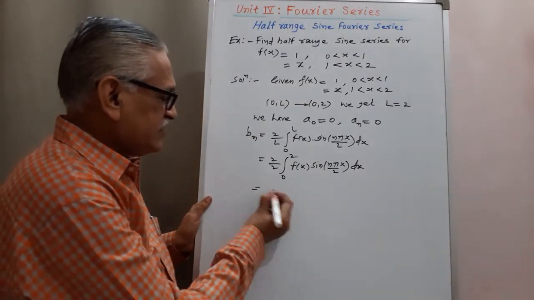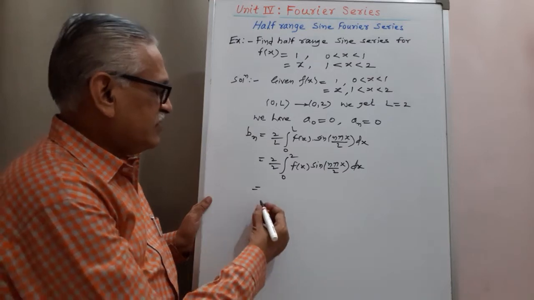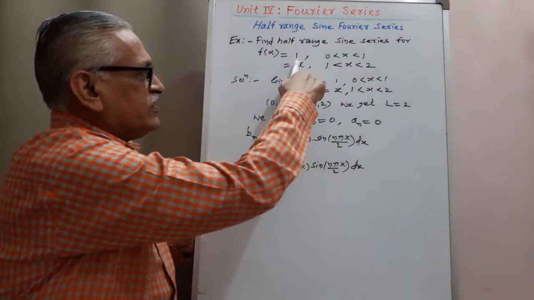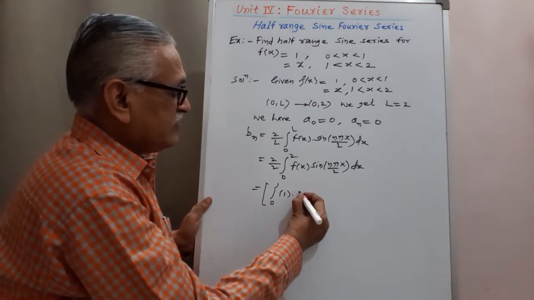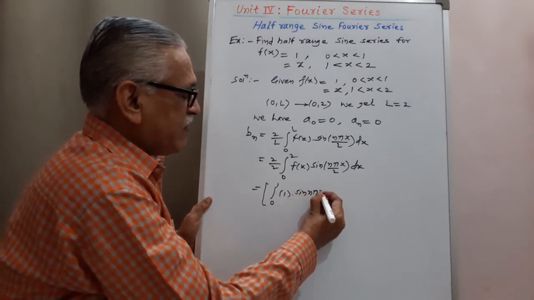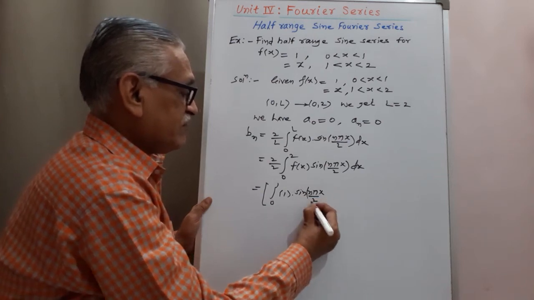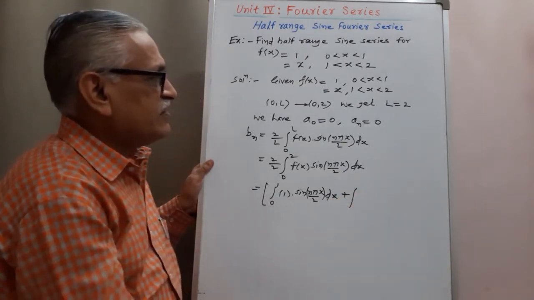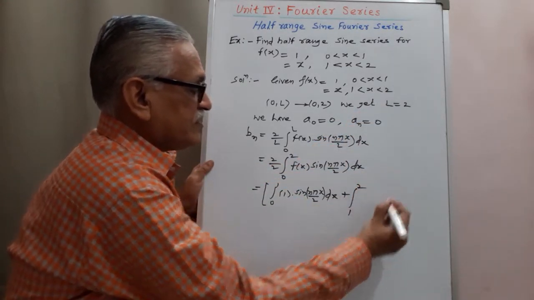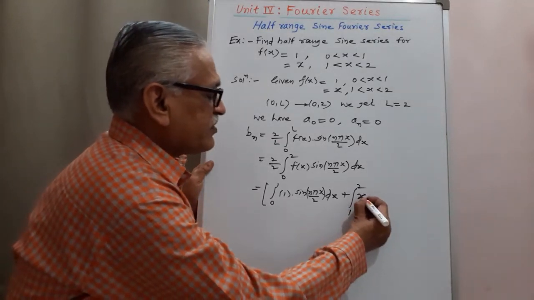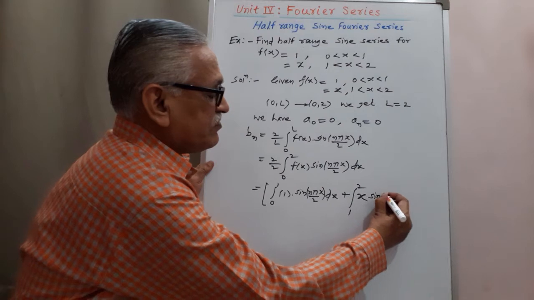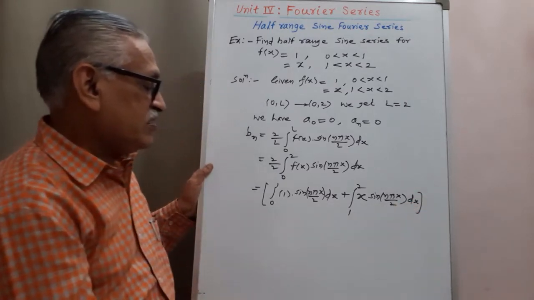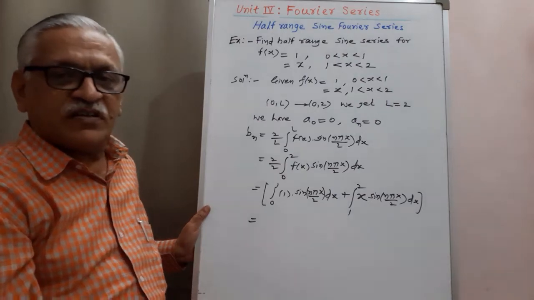In the next step, we split it as per the range. The integral becomes integration from 0 to 1, where the function value is 1, therefore 1 into sine of n pi x by 2 dx, plus another integration from 1 to 2, where f(x) is x, multiplied by sine of n pi x by 2, and therefore we have two separate integrals.